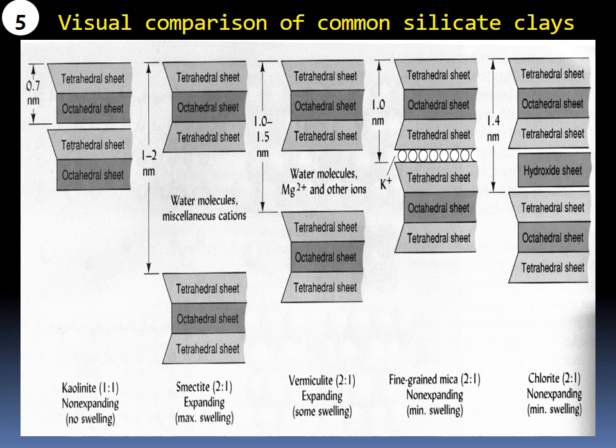Now, if you just focus on Kaolinite and go up and look at the sketch, you would find that we call it 1:1 because it consists of tetrahedral sheets and octahedral sheets, and that will be 1 layer. Then you have a tetrahedral sheet and an octahedral sheet to form the second layer, and so on in a repeated sequence.